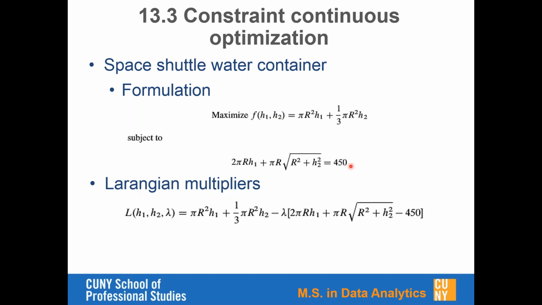You can use 450 minus the left-hand side and then plus lambda or minus lambda. Either way, it would work because what you really do is take the partial derivative, and it doesn't matter whether the coefficient for lambda is positive or negative.